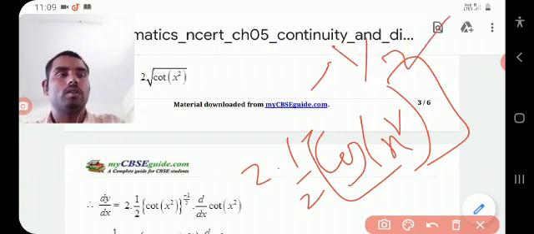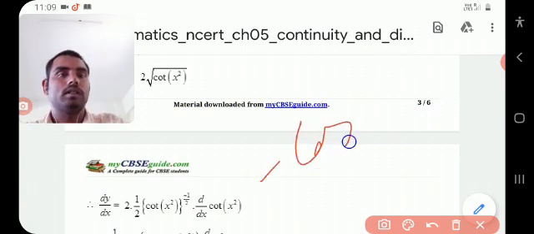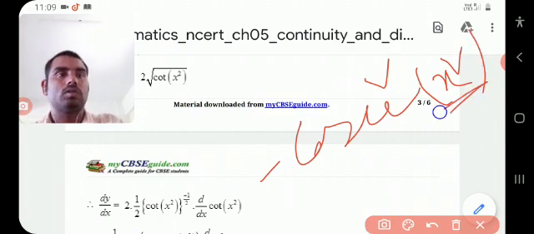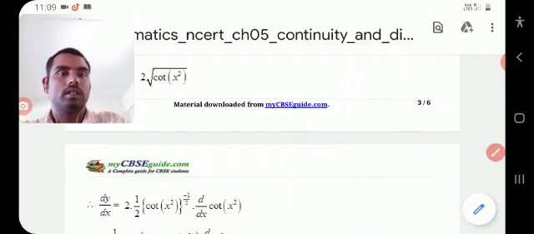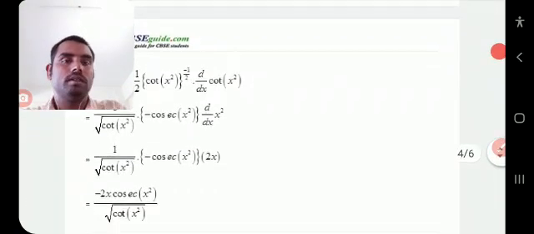And the cot part is also a function of x. The derivative of cot means minus cosec x square, and x square is also a function of x, whose derivative is 2x. Okay, see it in this way. You can solve this part also.